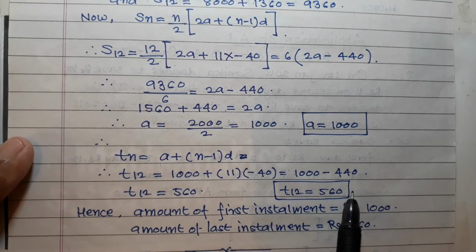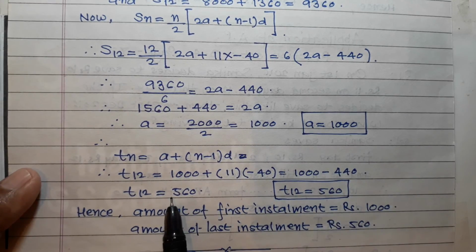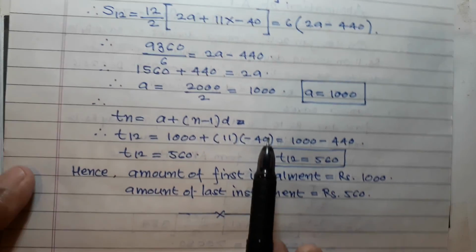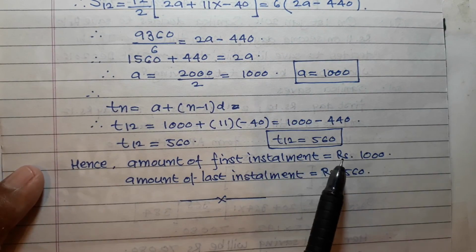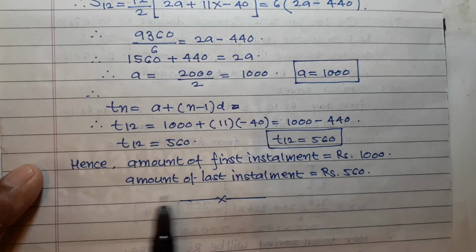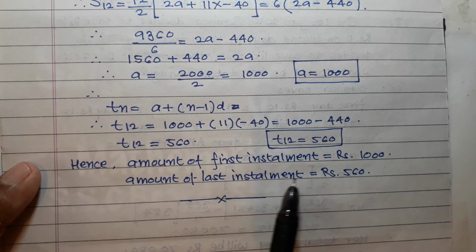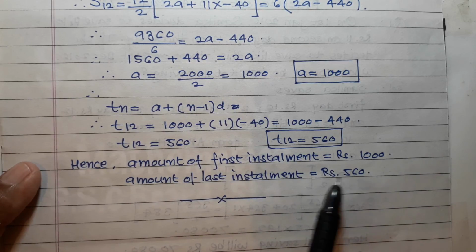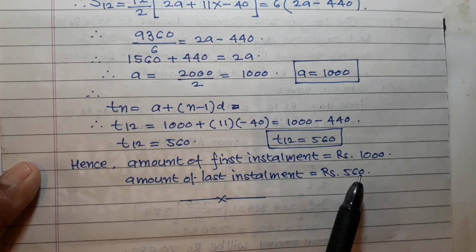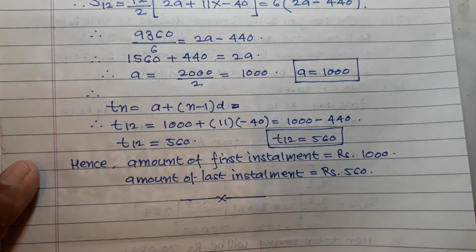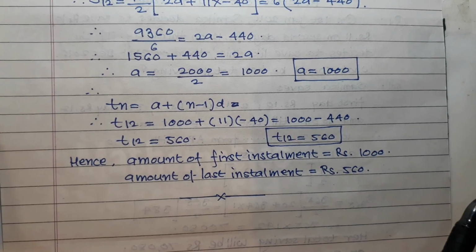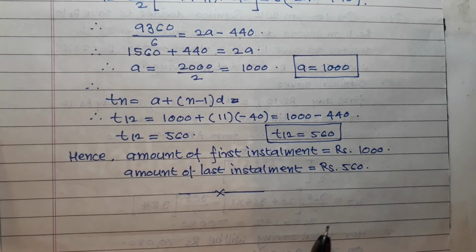So this is the last installment, and hence the amount of the first installment is equal to rupees 1000 and the amount of the last installment is equal to rupees 560. Okay. Now today it is enough. Thank you.